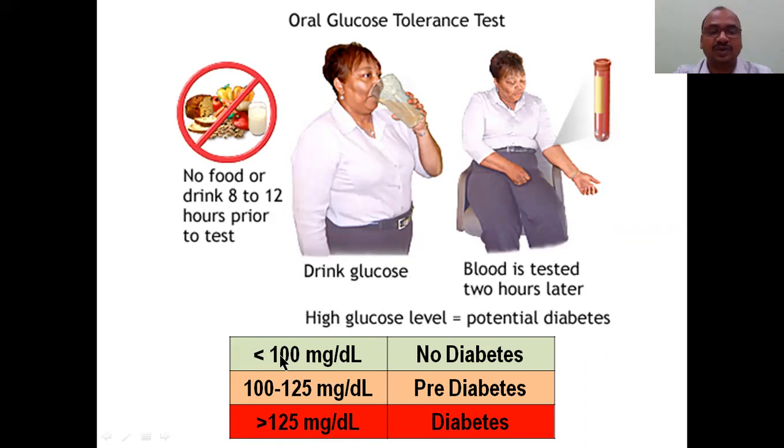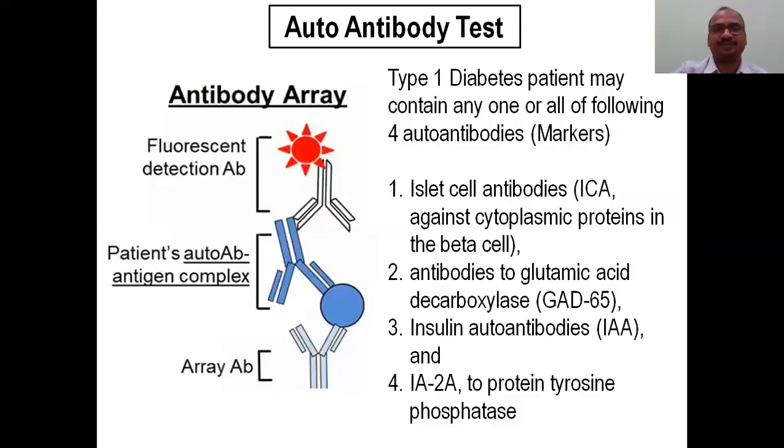Okay, less than 100 mg, no diabetes. 100 to 125 means you are pre-diabetic. Not definitely diabetic, but you may have a chance to get diabetes. That is called pre-diabetes. Okay, and greater than 125 means diabetes. All values are important. They are similar to normal values only, so that you can easily remember.